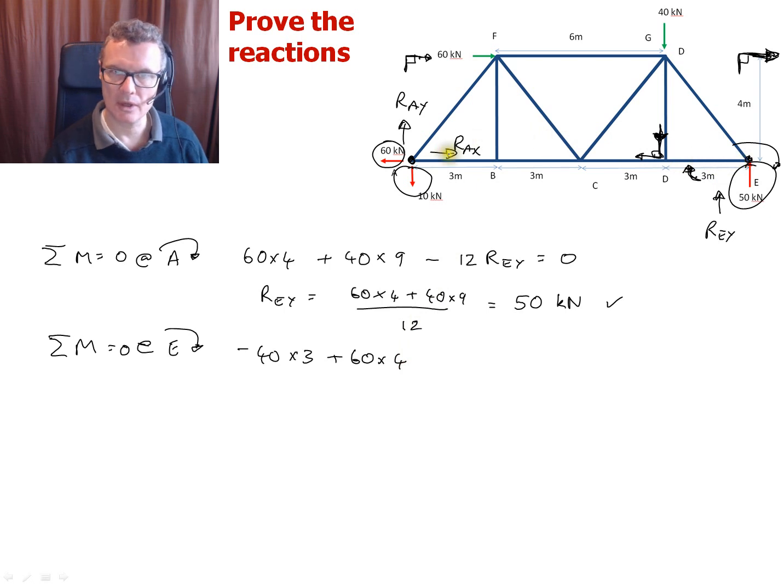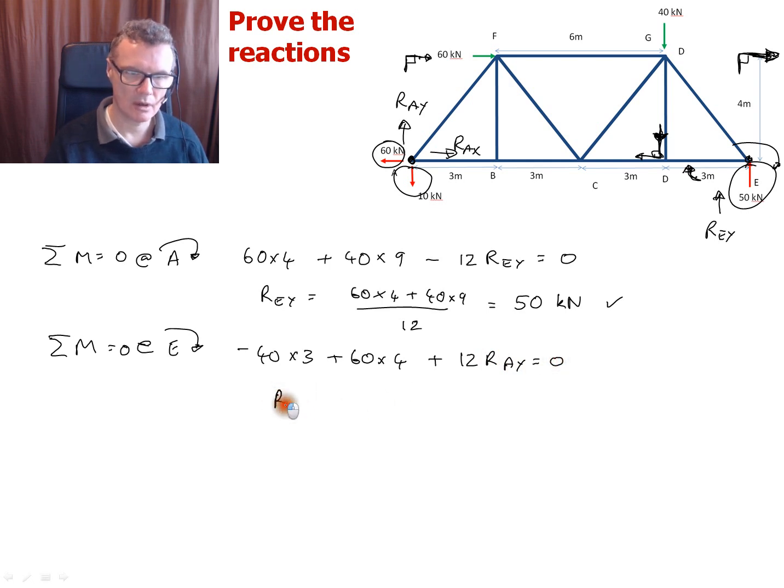Right, now the RAX goes straight through the pivot, so it doesn't create a moment. The RAY is going upwards, and that's going upwards too, so it's both positive, so plus. How far away is it? 6, 12, equals 0.